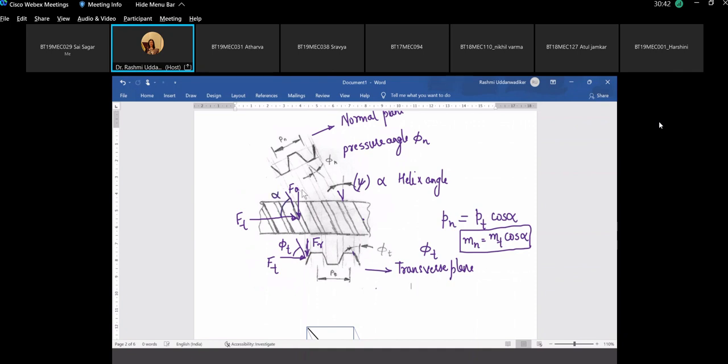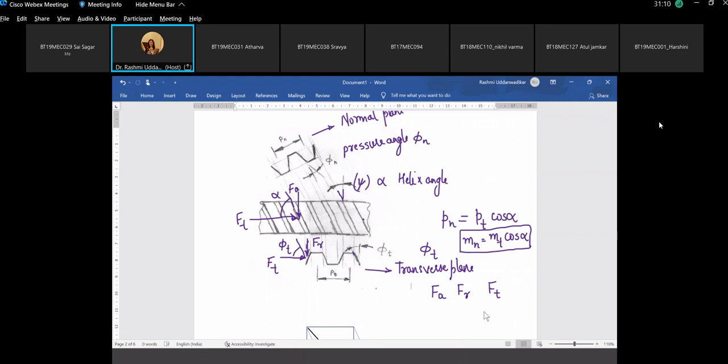The resultant of Fa and Ft is making an angle alpha with Ft. Similarly, resultant of Fr and Ft is making an angle phi t. Now we have to get a relationship between what is this axial force, what is the radial force, and what is this Ft, the static force responsible for transmission of power. Everything in terms of phi t and alpha.